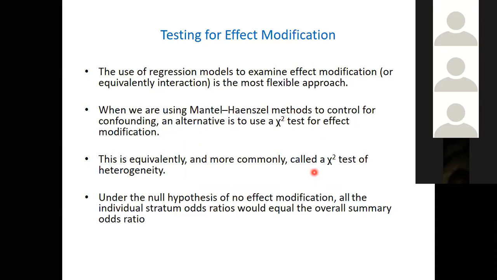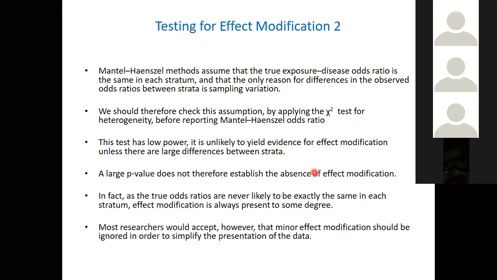If there's no effect modification, that shows the factor may be a confounder, in that all the individual stratum odds ratios will be equal to the overall summary odds ratio. The Mantel-Haenszel method assumes that the true exposure-disease odds ratio is the same in each stratum, and that the only reason for differences in the observed odds ratios between strata is sampling variation. So we should check this assumption by applying the chi-square test for heterogeneity before reporting the Mantel-Haenszel odds ratio.